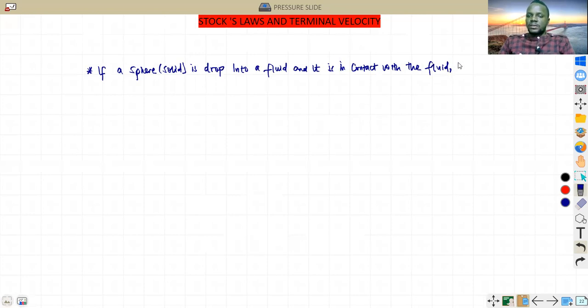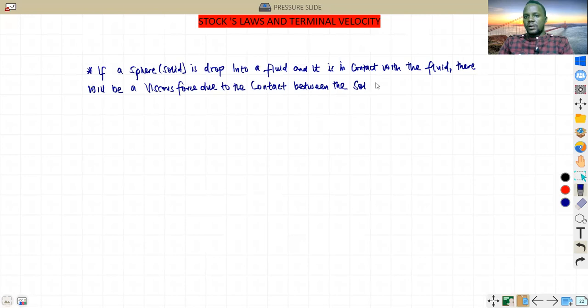So we can say, for understanding's sake, there will be a viscous force due to the contact between the solids and the fluids.